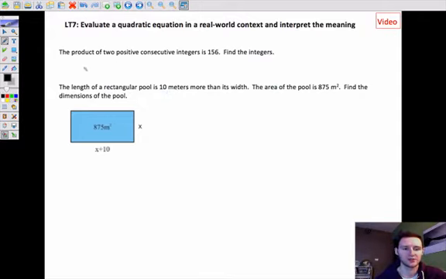So two examples here. The first one's pretty simple. It says the product of two positive consecutive integers is 156. First of all, product means multiply. So I'm multiplying two positive consecutive integers to get 156.